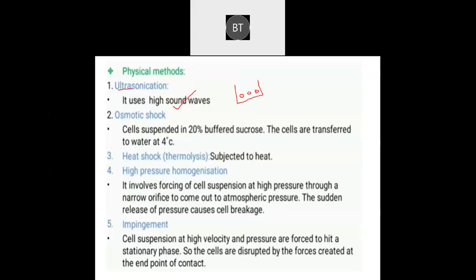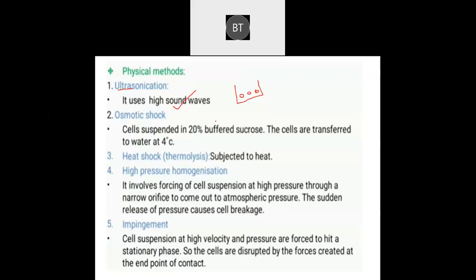Otherwise, you can go for the osmotic shock. The cells are suspended in a viscous solution like 20% sucrose, or it could be glucose. Then the cell suspension is transferred to cold water, that is 4 degrees centigrade, which results in cell lysis.